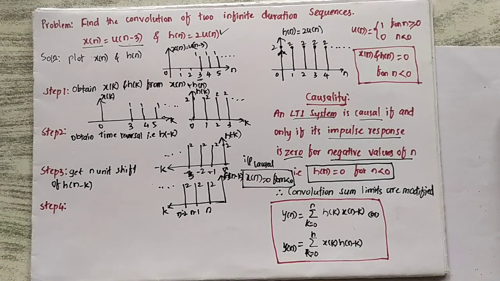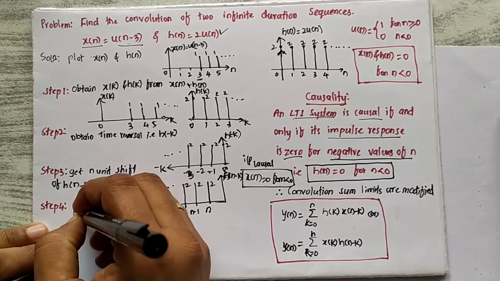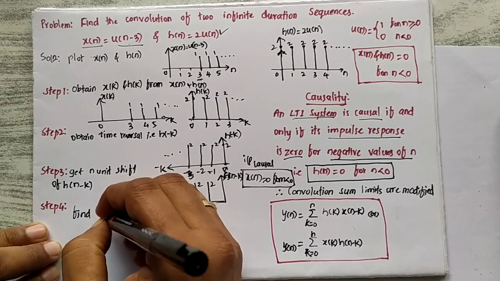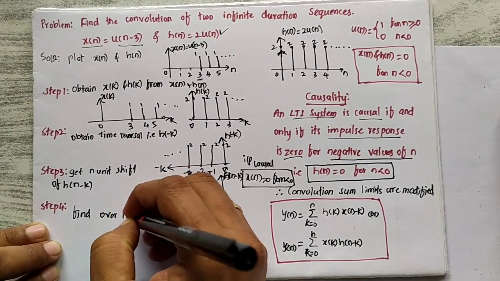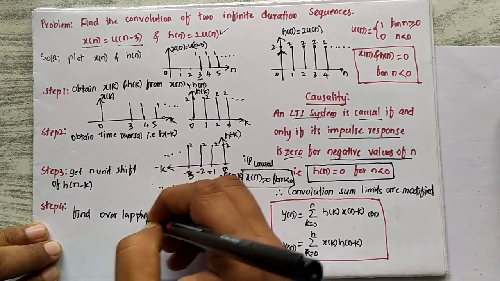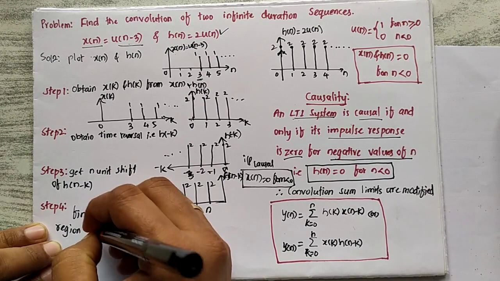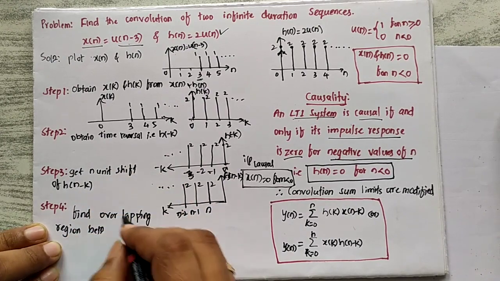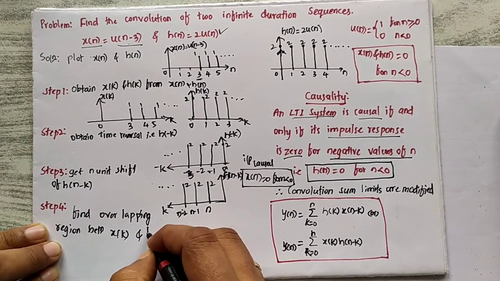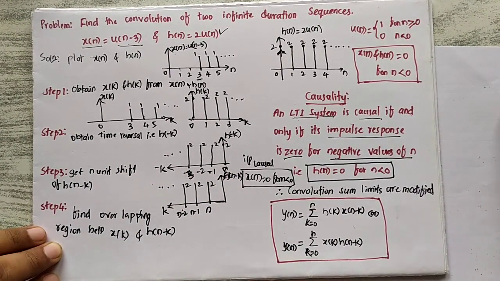Okay, so what about the step 4? Now we need to find the overlapping regions between h of k and h of n minus k.